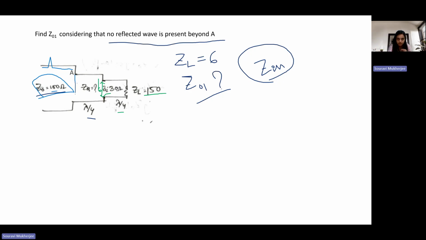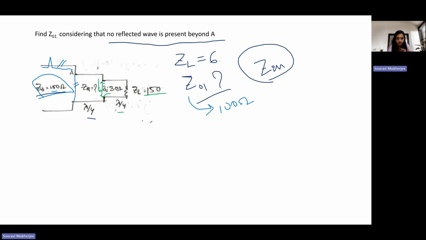If there is no reflection at this point, that means the impedances must match, right? Only then will there be no reflection. If the impedance at this point is different from what you have at this point, then obviously there will be a reflection. Because there is no reflection, the impedance at this end has to be 100 ohm. So that tells us that this is 100 ohm. Clear?